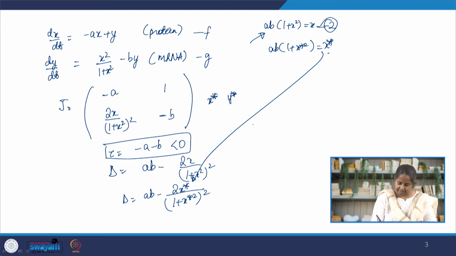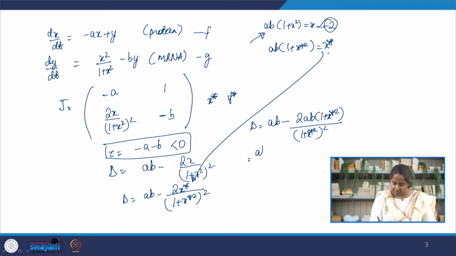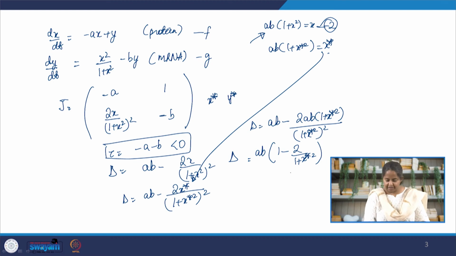What we get is determinant is equal to ab minus 2ab times fixed point square divided by (1 plus fixed point square) whole square. So we can take ab out common: determinant is equal to ab times (1 minus 2 x star square over (1 plus x star square)). Okay, so this is the system we get, and we can simplify it even further.